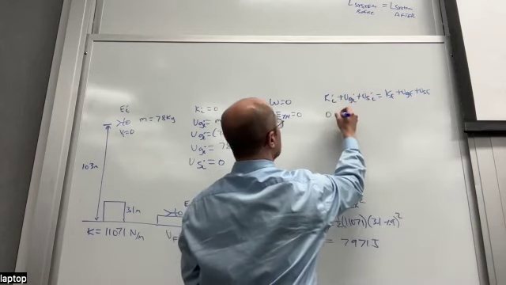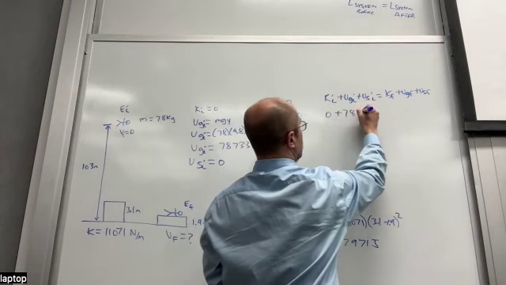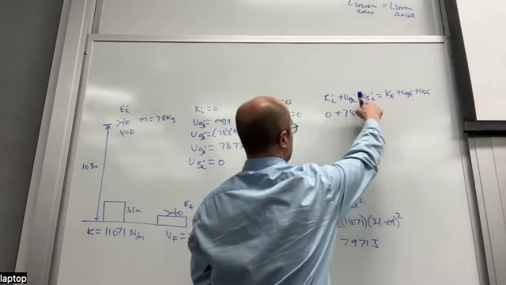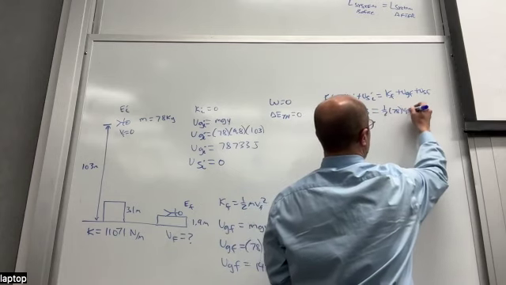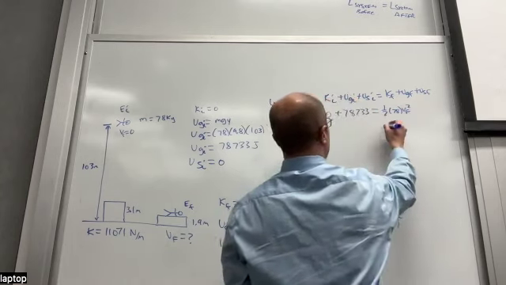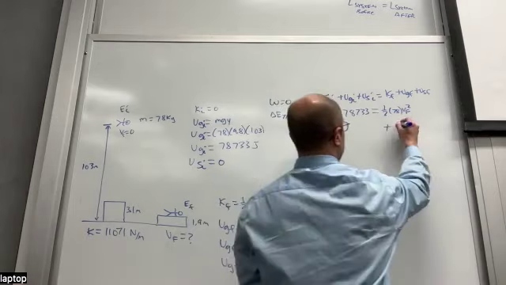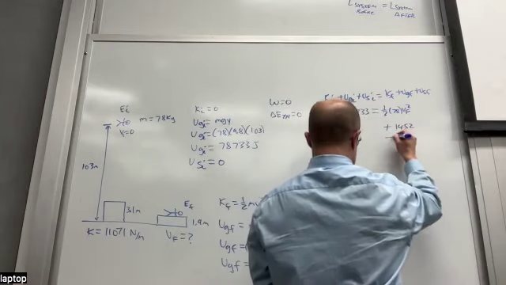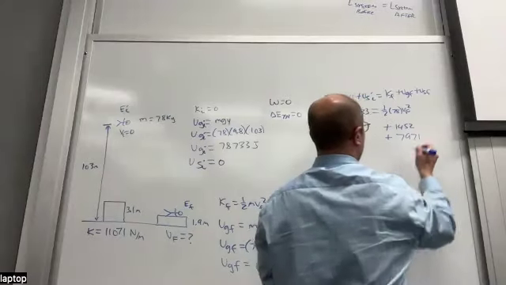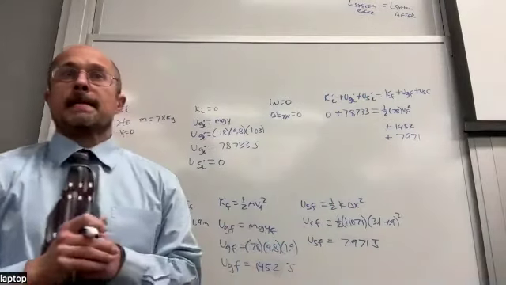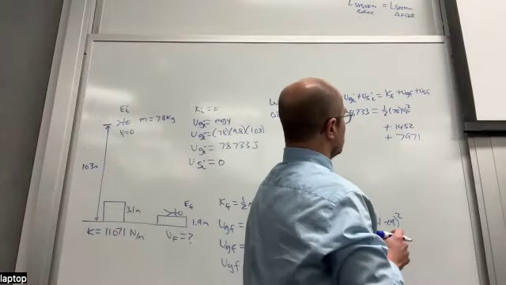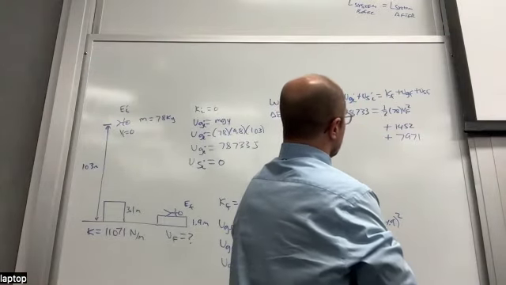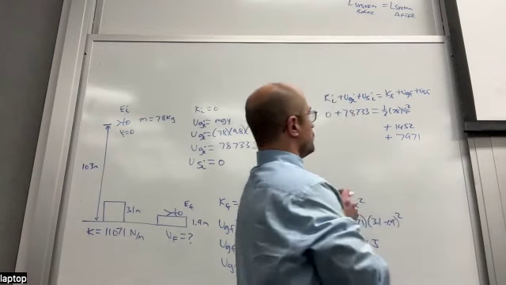So this is 0 plus 78 times 9.8 times 103, plus 0, and this equals 1/2 of 78 v final squared plus 1452 plus 7971. Then you subtract these over to the other side.